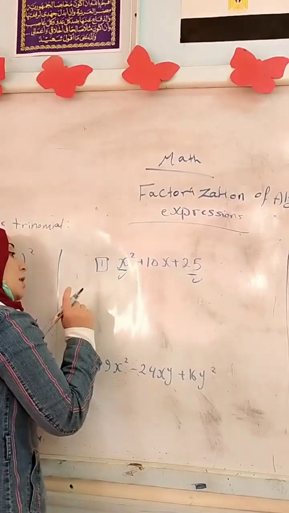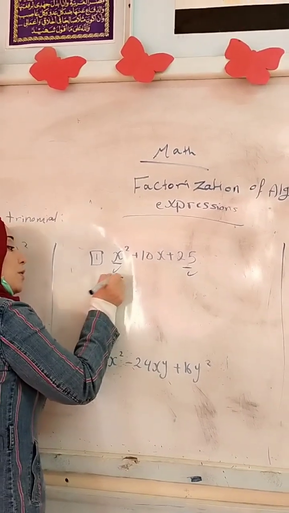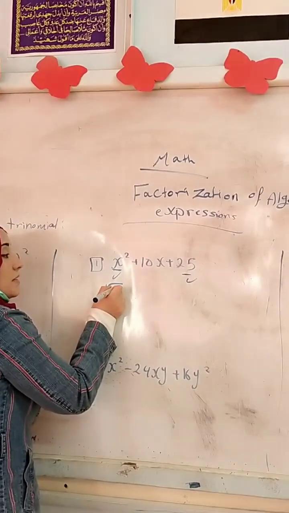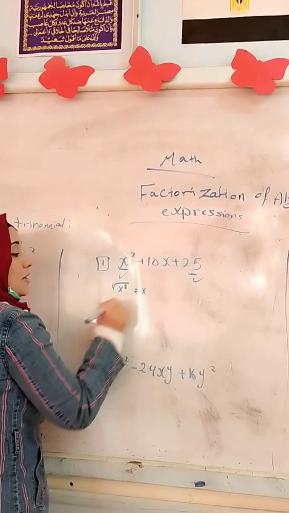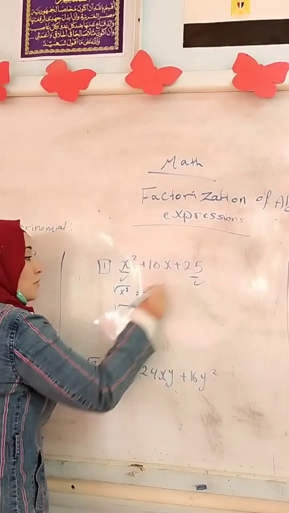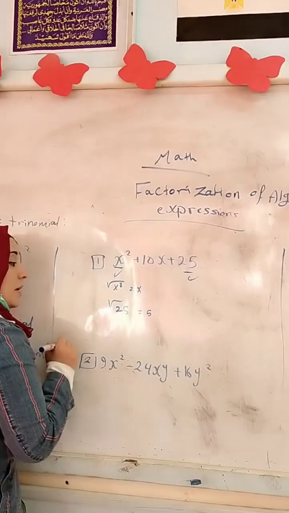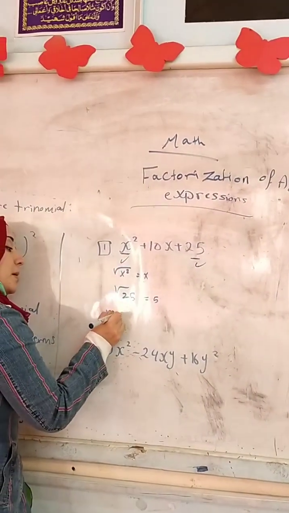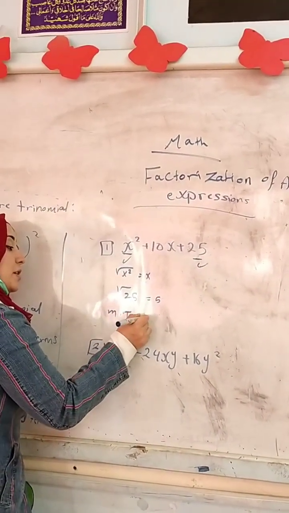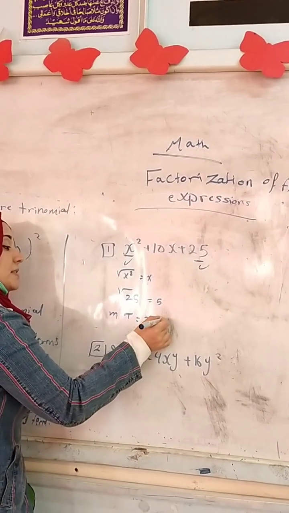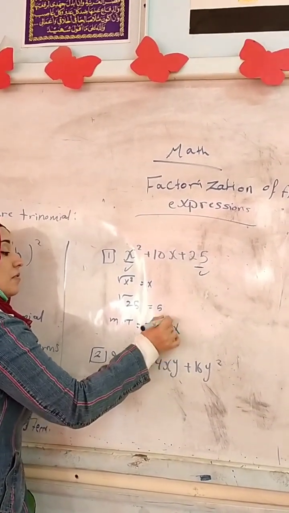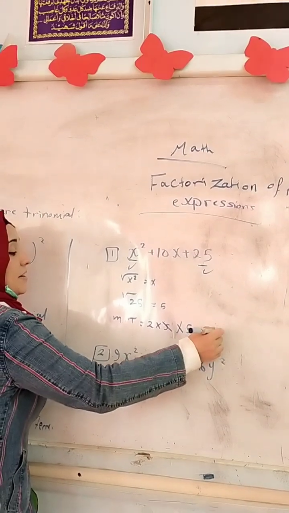Here it equals 2 times the square root of the first. The square root of x^2 equals x. The square root of 25 equals 5. The middle term must be equal to 2 times x times 5. So the result will be 10x.